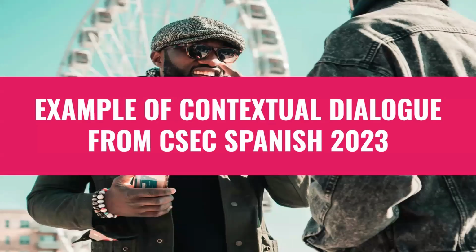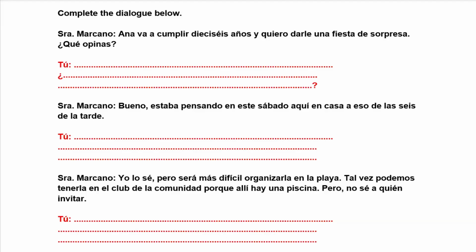All right, so now we're going to look at an example of a contextual dialogue from CSEC Spanish 2023's past paper, okay? So here we have the entire dialogue. You're not seeing it all in one space. Here it says complete the dialogue below. So now, after reading the instructions and the cues, we have to look at the dialogue.